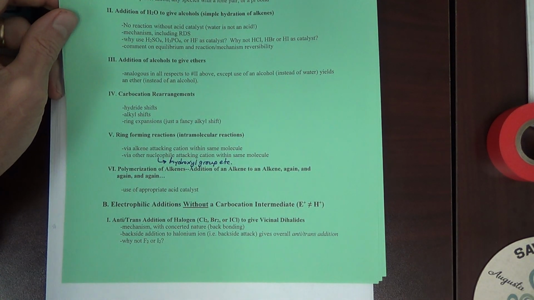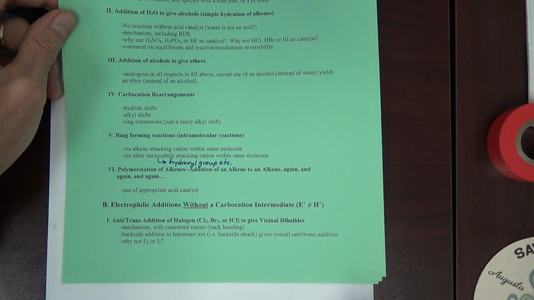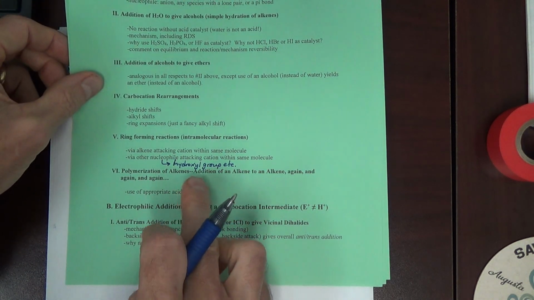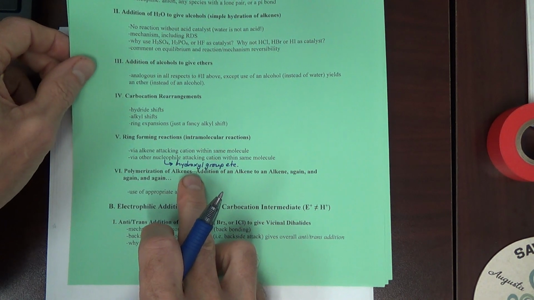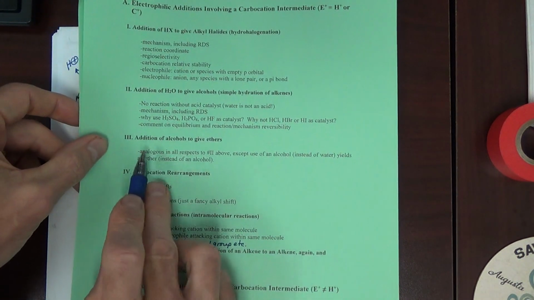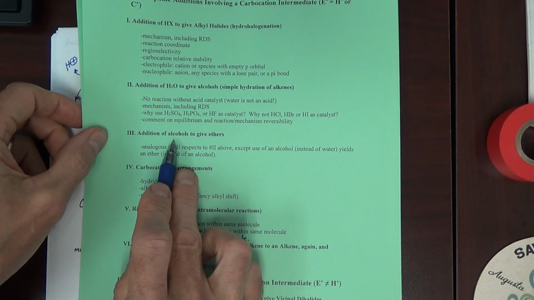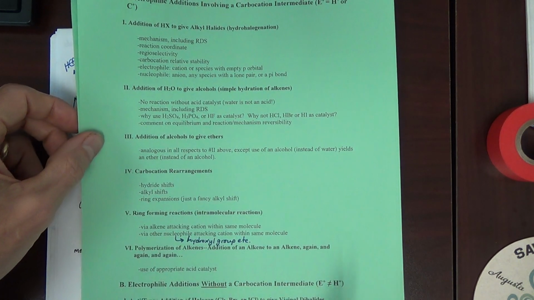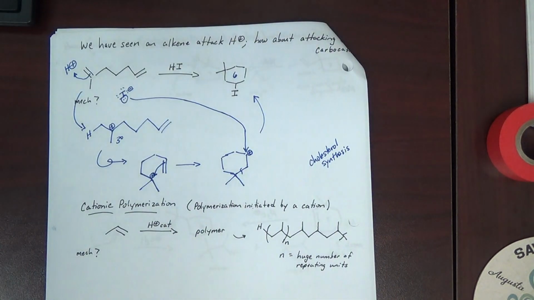Or later on we'll see many others, maybe amino groups. There's many examples. But for now, hydroxy groups, because that's going to be analogous to where we added alcohols to carbocations. Okay?